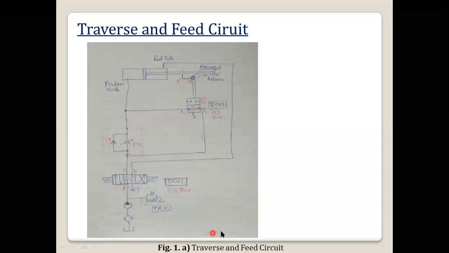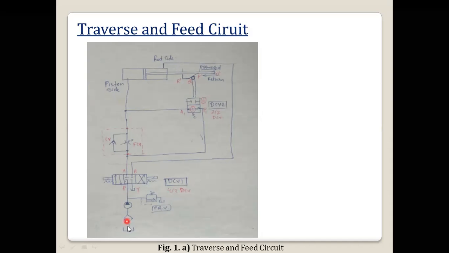This has many applications, like in pressing, wherever we require to control the workpiece: initially the speed will be very high, and after that we want a slower approach. Slower approach in the sense that we have to apply the pressure to the workpiece.